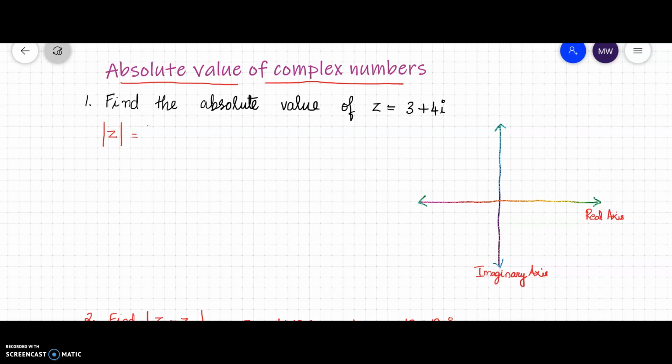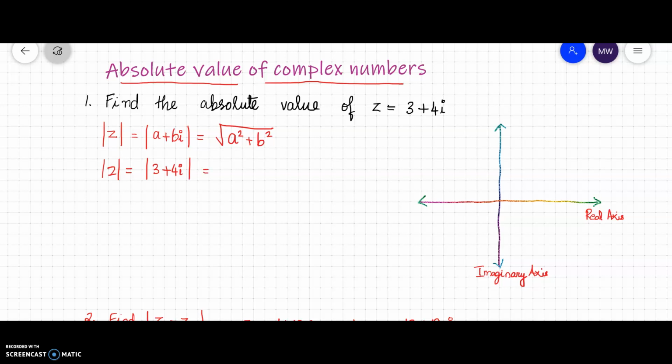The absolute value of any complex number of the form a plus bi is equal to the square root of the real coefficient squared plus the imaginary coefficient squared. That's all you have to do. So for this problem, our complex number is 3 plus 4i.